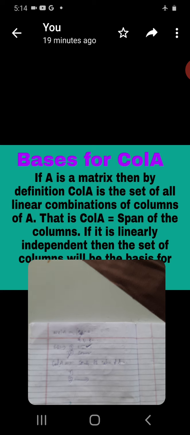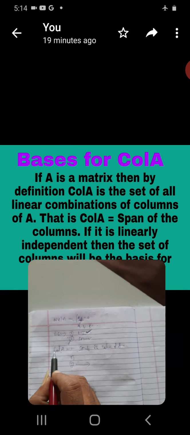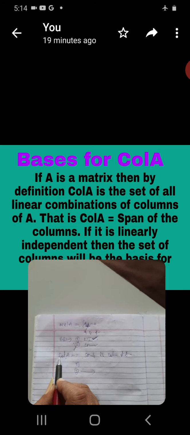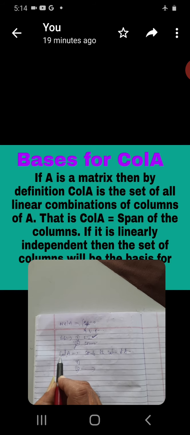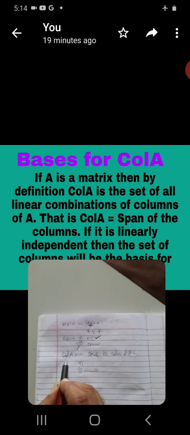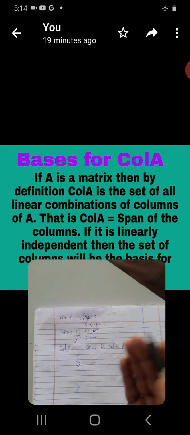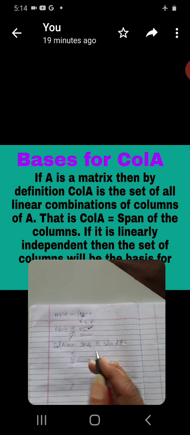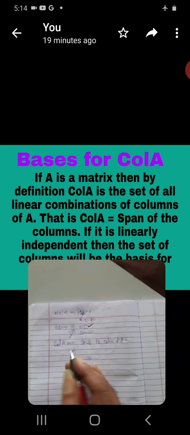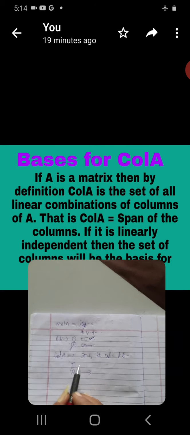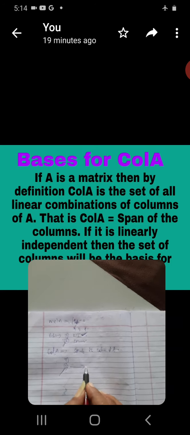The second condition, span, is completed. Now Col A is also a subspace of a vector space. Subspace means it is spanned by a set of elements v1, v2, v3. Span is the second condition, completed.